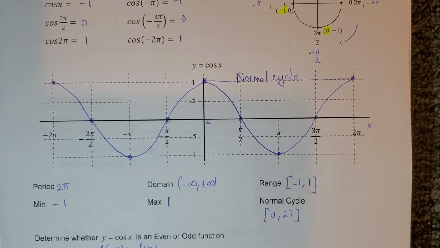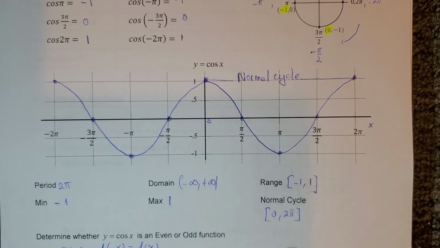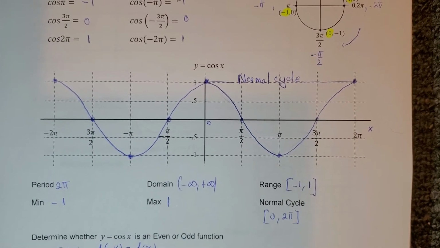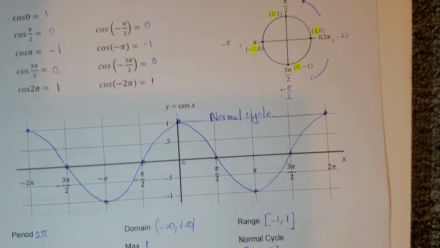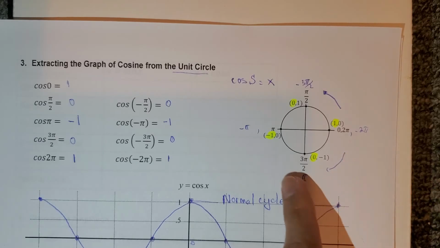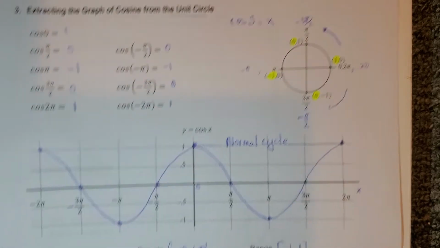Okay, let's see if they are true or not. So let's see if this is even. You can look at the unit circle. If you want negative pi, you rotate clockwise to negative pi, and my cosine is negative 1. So cosine of negative pi is negative 1.